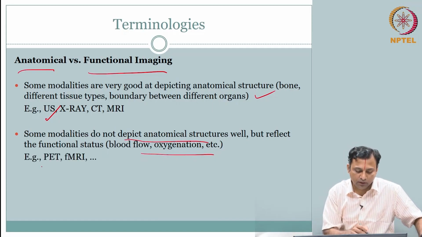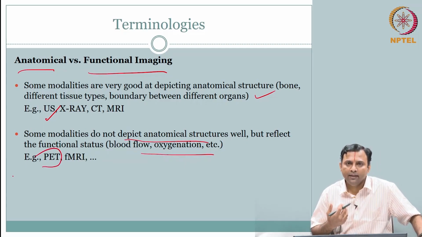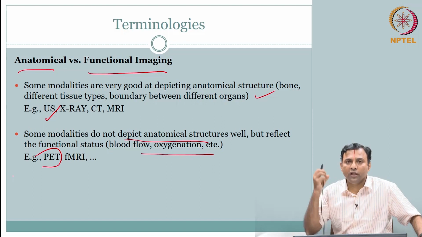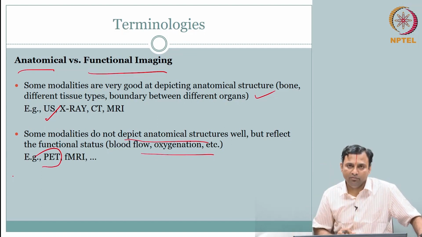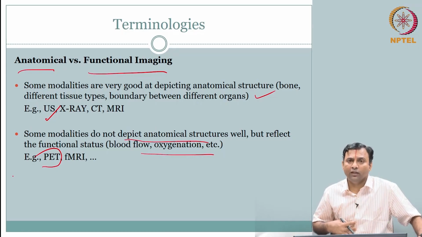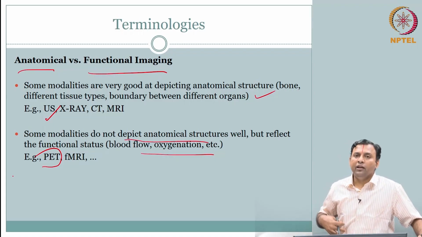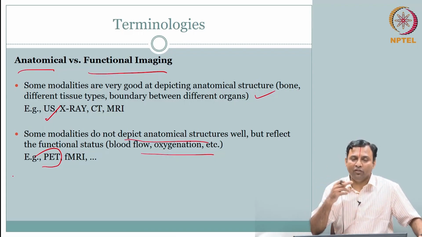So here, if you notice, PET, positron emission tomography, uses radioactivity, like I said. You can use that to visualize where metabolism is active. You may not actually see, for example, a stomach, but you know there is a lot of activity from what you are ingesting. You may not see the structure of a kidney or a bladder, but the radioactivity that you had is trying to come out of the body, and you will see the activity there.